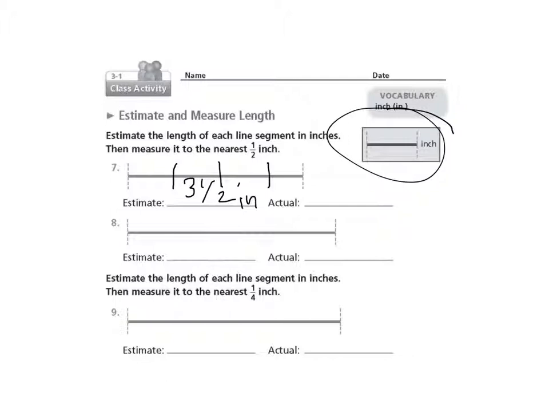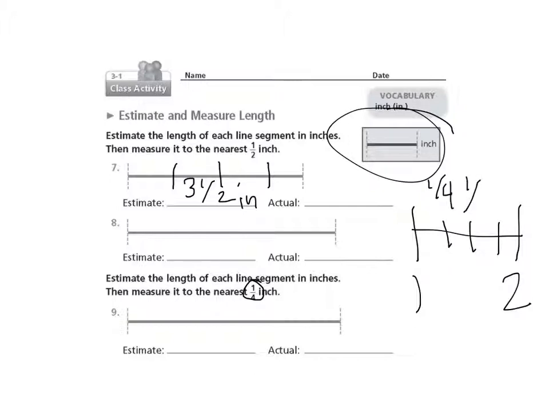So you're going to do this. Now this one though says a fourth of an inch. So now that's going to be closer. So if this is 1 and this is 2, 1, 2, 3. So this is your fourth, half, 3/4.